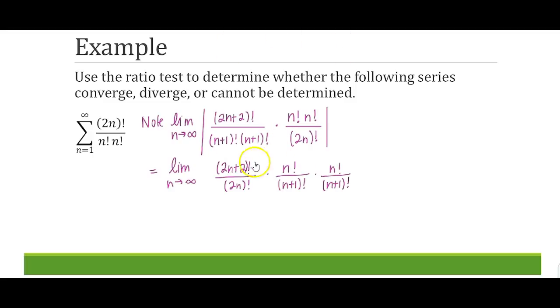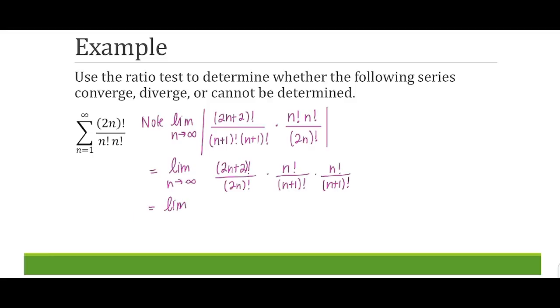So I'm really just splitting everything up, and just keep in mind, if we multiply all these back together, I still get the same numerator and the same denominator, just rearranging so that I can see the cancellations happening. So now here, 2n plus 2 factorial is the bigger value, so it's bigger than 2n by 2. So what I'm going to do is start to expand out this factorial first.